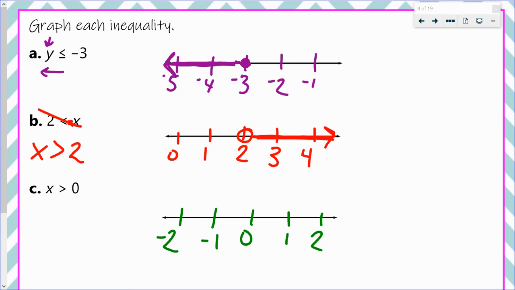So x is greater than 0. So greater, I'm going to do an open circle, shading to the right because it's greater. So again, a potential solution could be 1, could be 2, could be 1.5, could be 3.5, it could be 8, it could be 9.1. Okay, a number that would not be a solution would be -6, because it's not a shaded area.